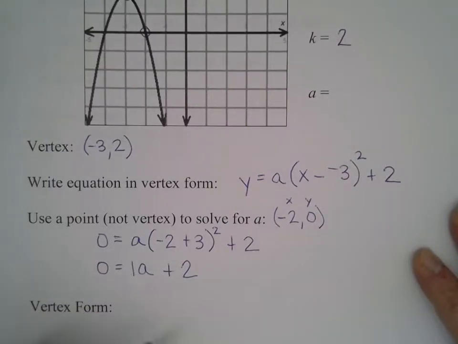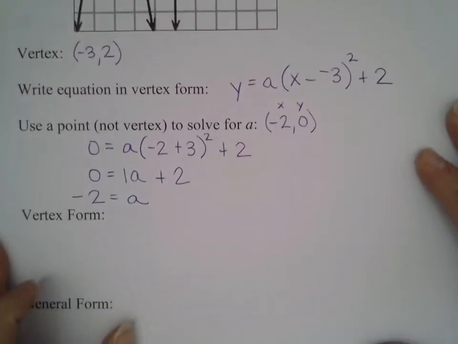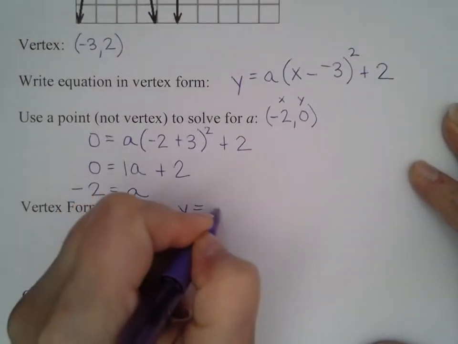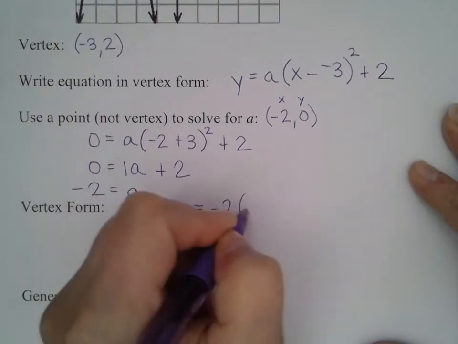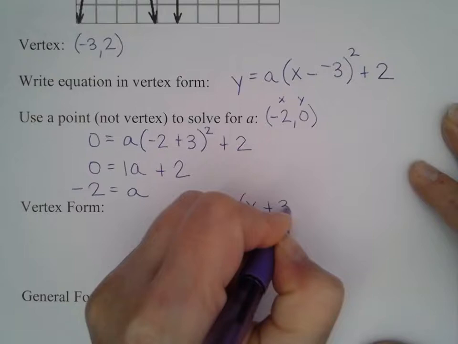And then we want to solve for a now, so we'll subtract our 2 over. And 1a is the same as a, so it looks like a must be -2. So let's write that in vertex form. I'm going to go ahead and make this x plus 3 squared again.